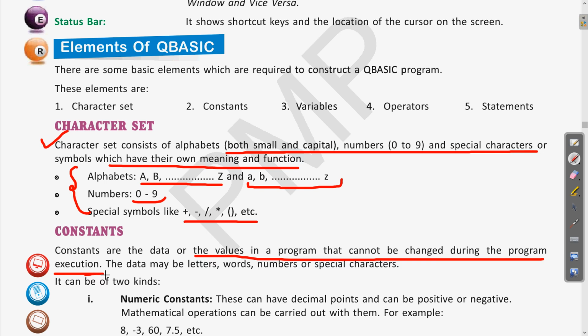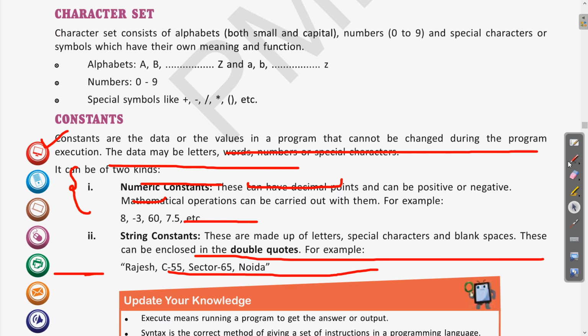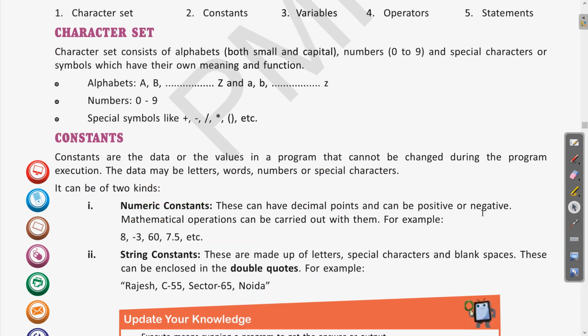So the data may be some letter, words, number or special character. Clear? Now these constants are further classified into numeric constant and string constant.